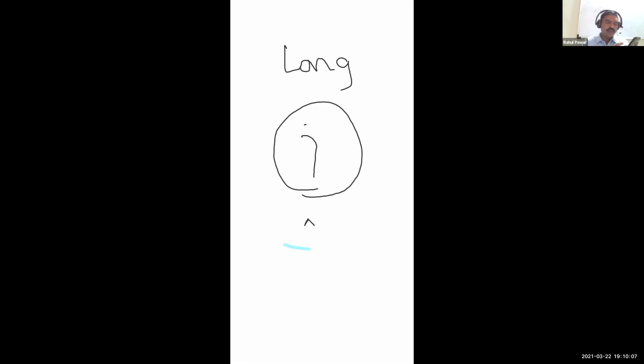Now see here, I am writing the consonant lamed, and after that the holum vav. What will be the sound? Lo.